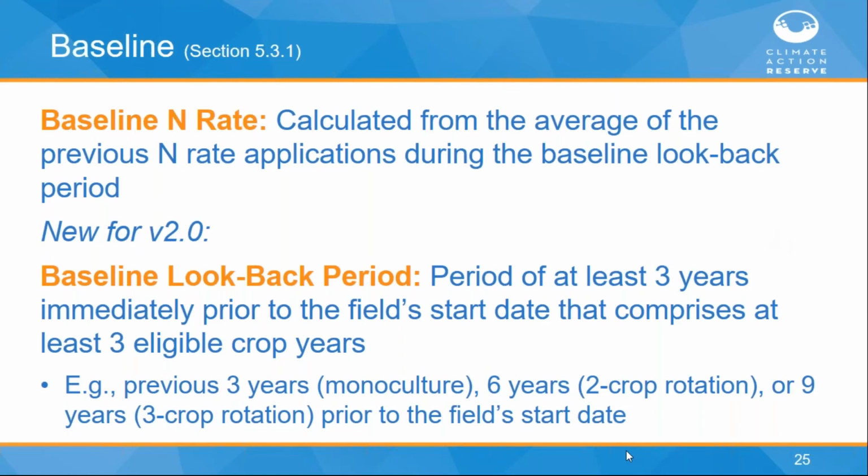So for example, if you're growing a monoculture, then that would be the 3 most recent crop years. If it's a 2 crop rotation, you might need to go back 6 years, and so on. Calculating your average N rate over the baseline look back period would be your baseline N rate from which N rate reductions would need to be made in the project.